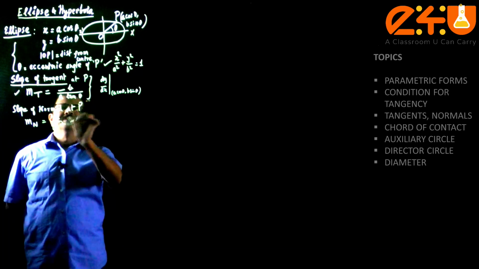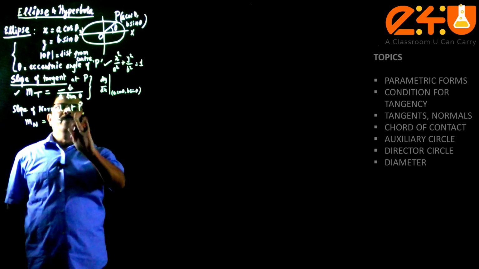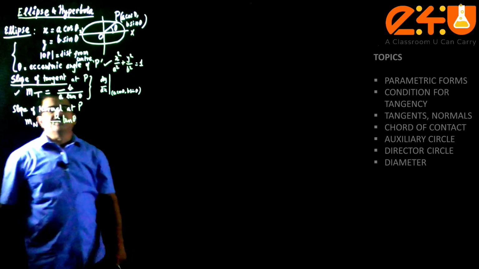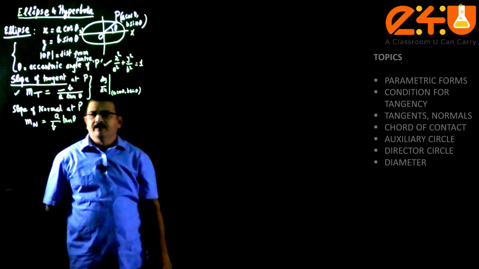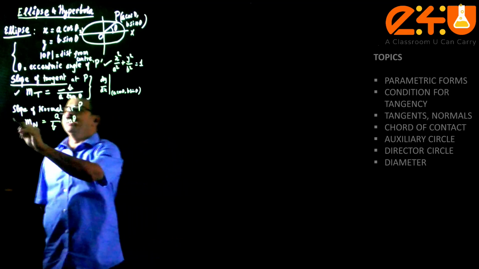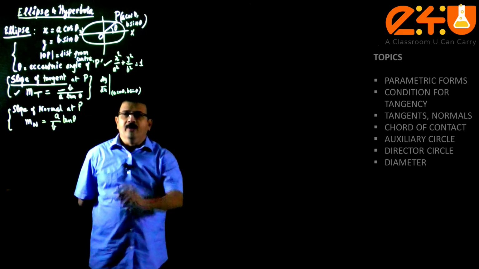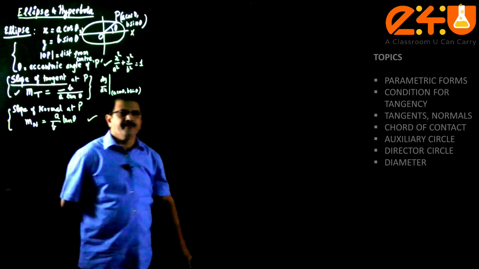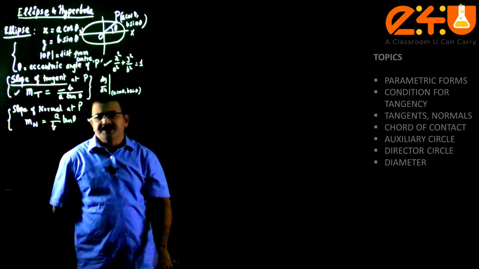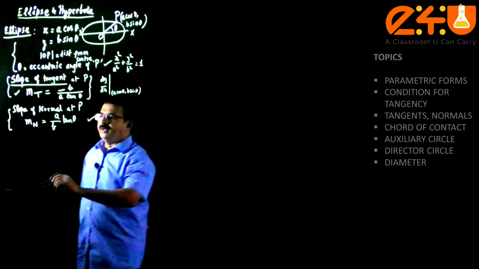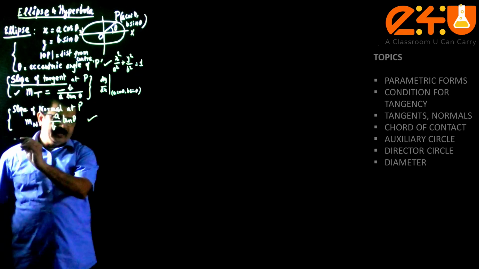So I'm sorry, it is a by b times of tan theta. So tan theta goes to numerator, it becomes a by b tan theta. So slope of tangent and slope of normal is easily done. It also helps you to discover the point of contact easily.